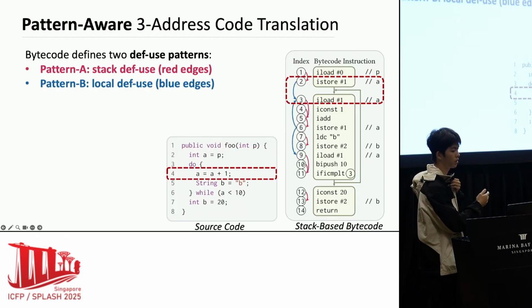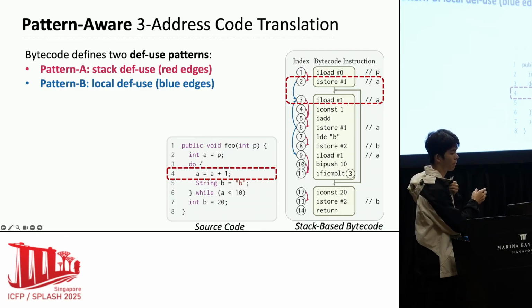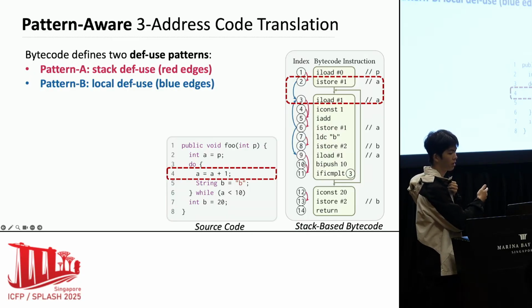For pattern B, the blue edges in the figure represent local defined use. For example, before the first line, a equals a plus 1, slot 1 already stores the value of variable a. We then load it from slot 1, and when used in the first line, this is a local defined use.